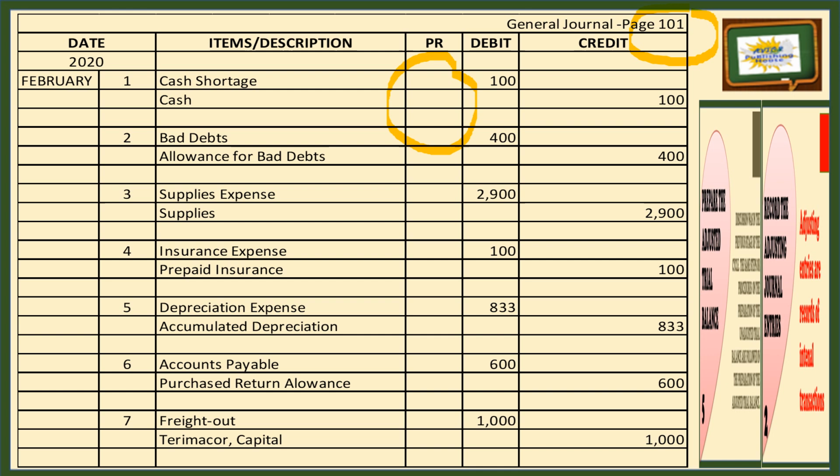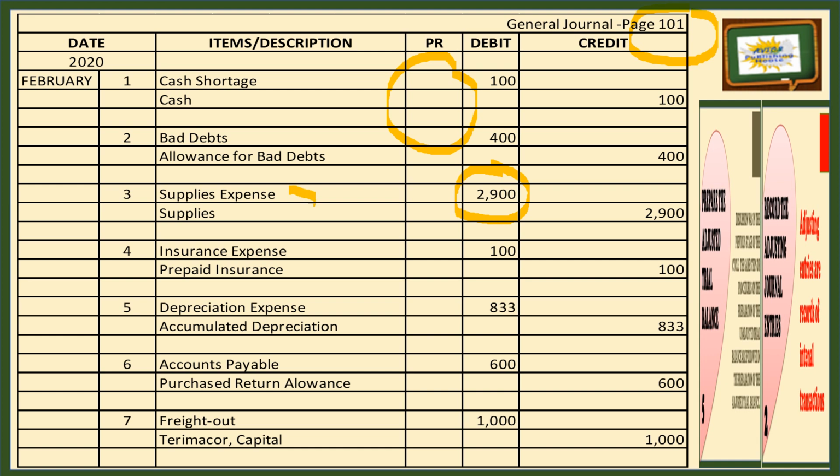We deducted that amount from the supplies before adjustment, the remaining amount during inventory count, and we came up with 2,900 as supplies used. So the supplies used will be set up.